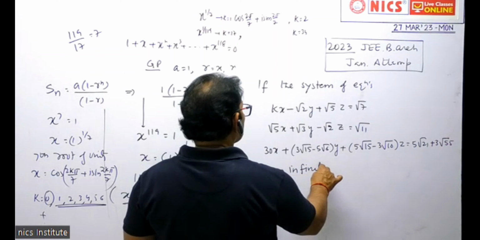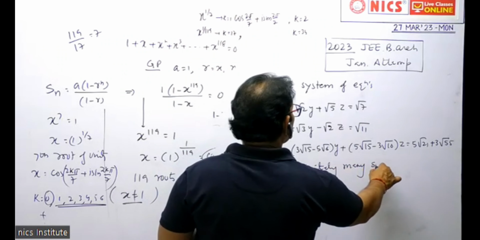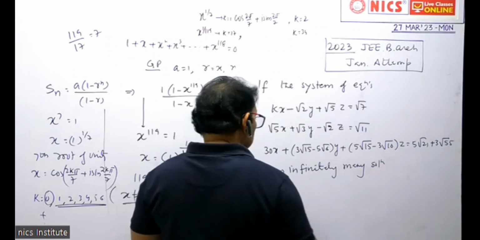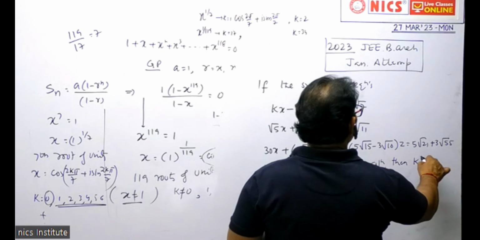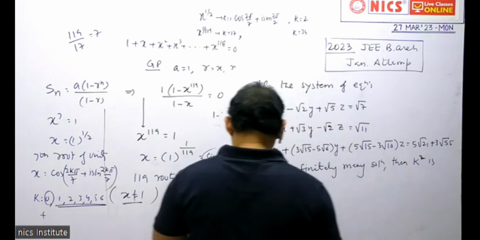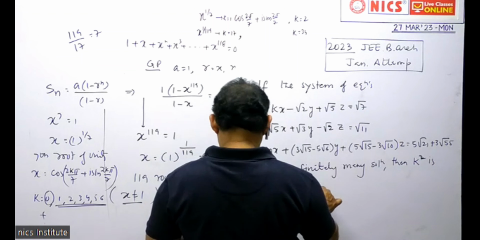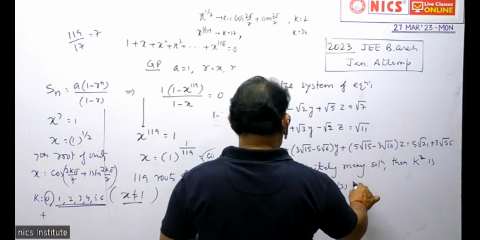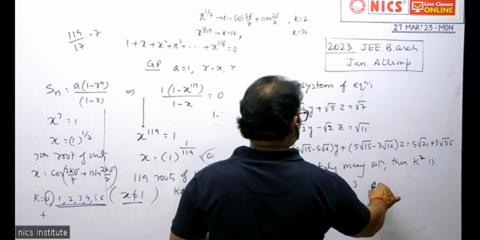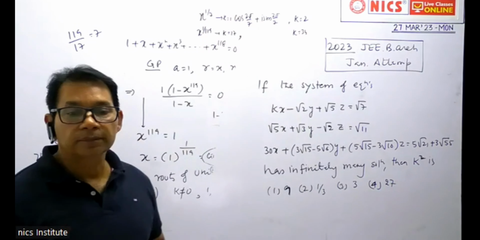Then k square is, and the options are 9, 1 by 3, 3, and the fourth option is 27.